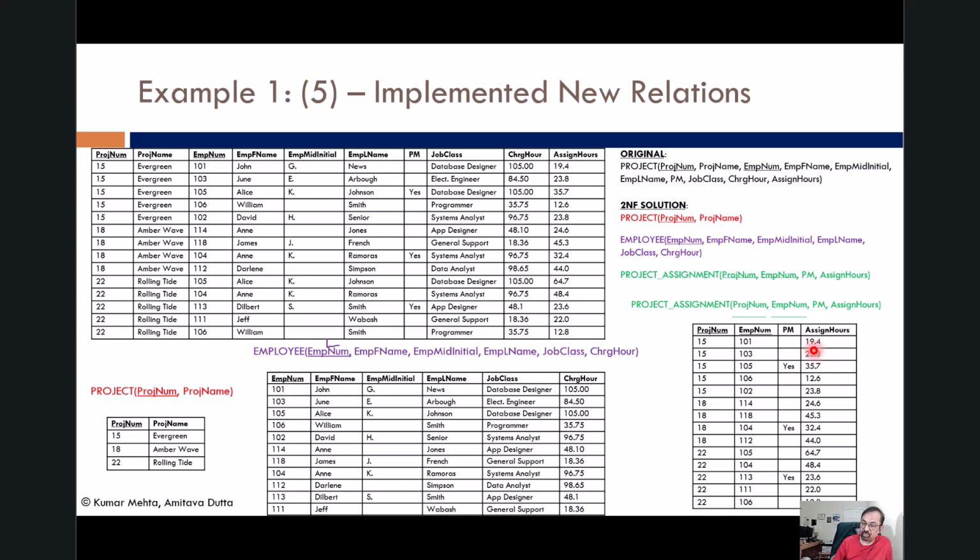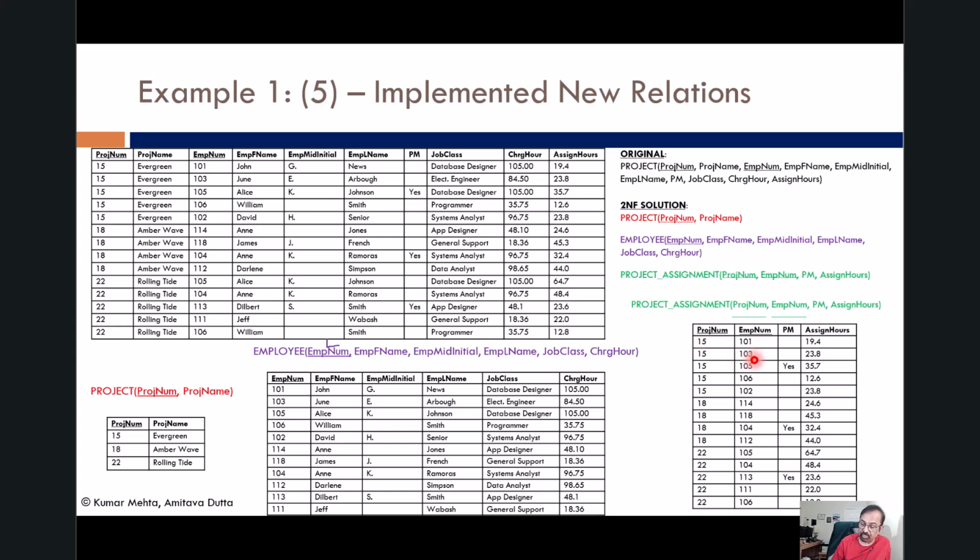Now, when it comes to this third table, both the project manager attribute and the assigned hours attribute are the non-key attributes. Both of these non-key attributes depend fully on the composite primary key. They don't depend on any one piece of the key.